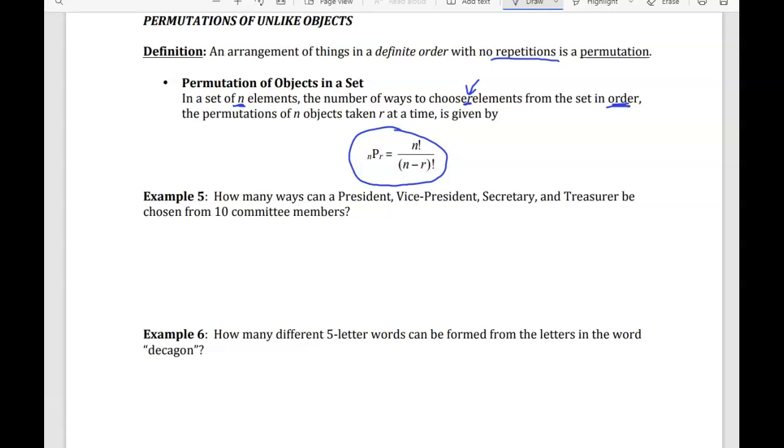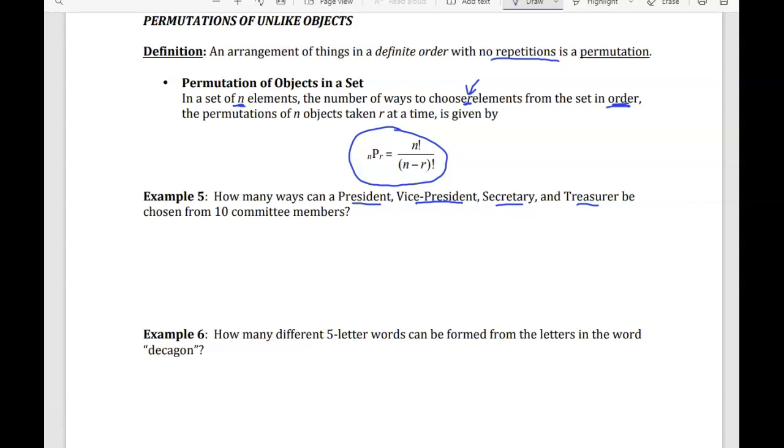So how many ways can a president, vice president, secretary, and treasurer be chosen from 10 committee members? Now you know this is going to be a permutation because you have positions. If it just said 4 committee members selected, then this wouldn't be a permutation. But since it gives us positions, this is going to be a permutation.